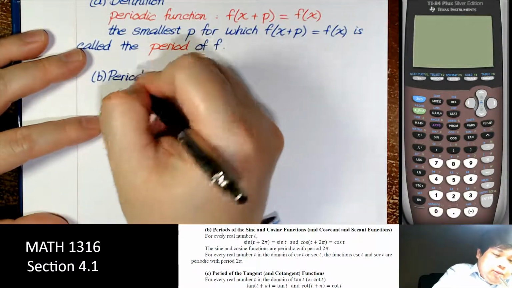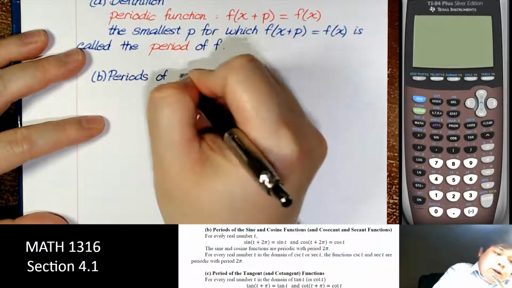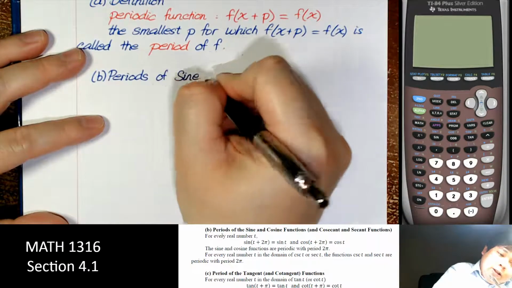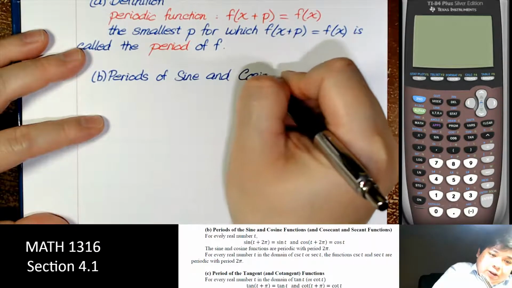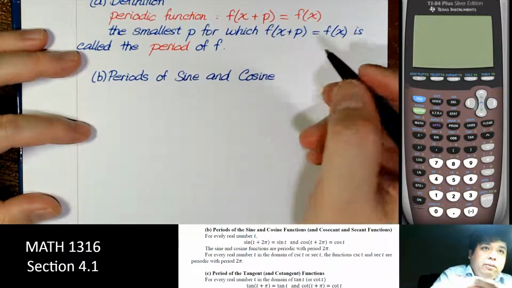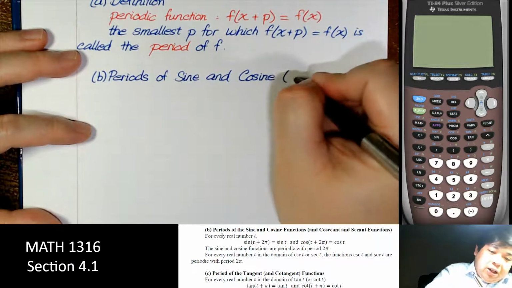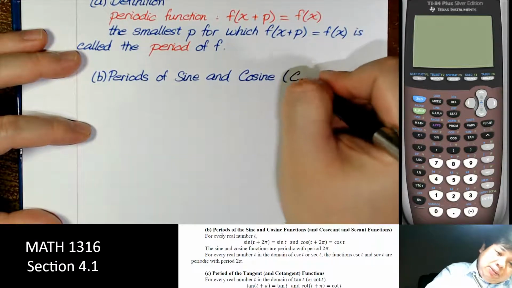Period of sine and cosine, and in the same token, the cosecant and secant.